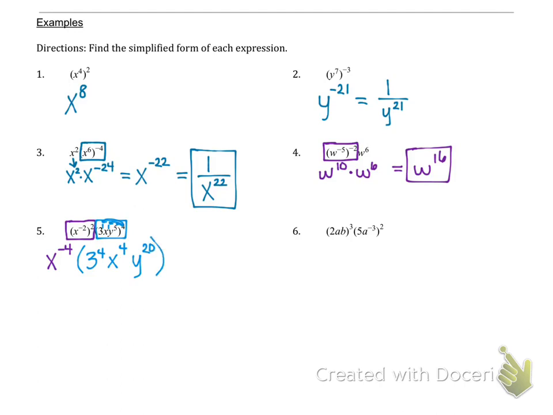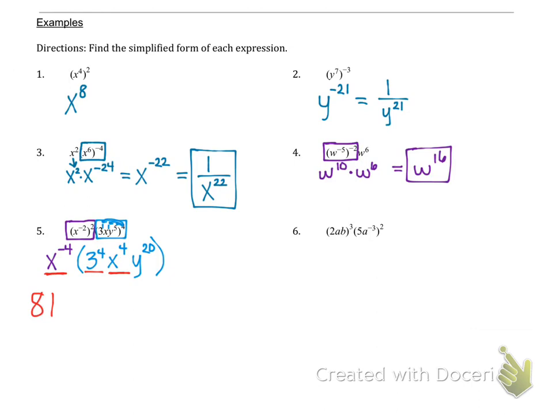Now I'm going to simplify this completely. First, I'm going to start with this number right here. 3 to the 4th power, 3 times 3 times 3 times 3 is 81. Now I'm going to go in alphabetical order. Next, I'm going to deal with the x bases. So here I'm going to add the exponents.